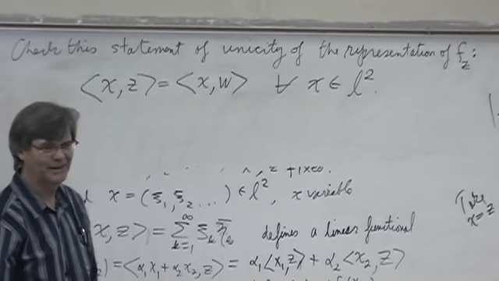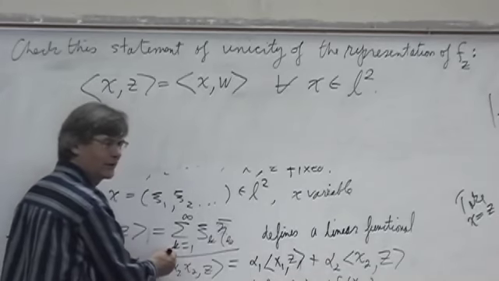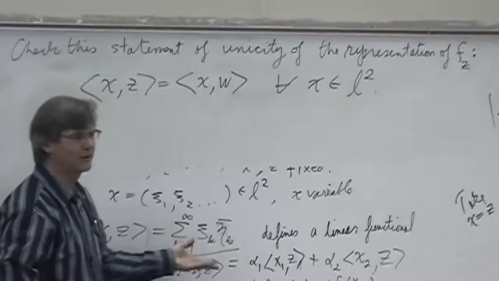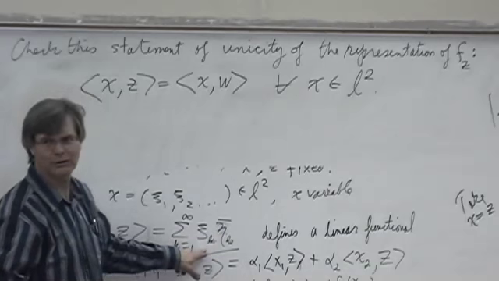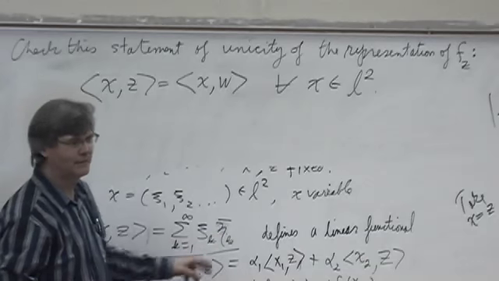What you get is some kind of linear combination of the x's. That was the idea of what a linear functional should always look like: some linear function of the x's.